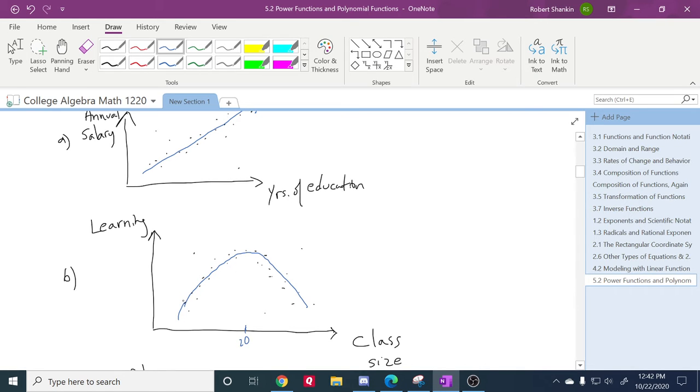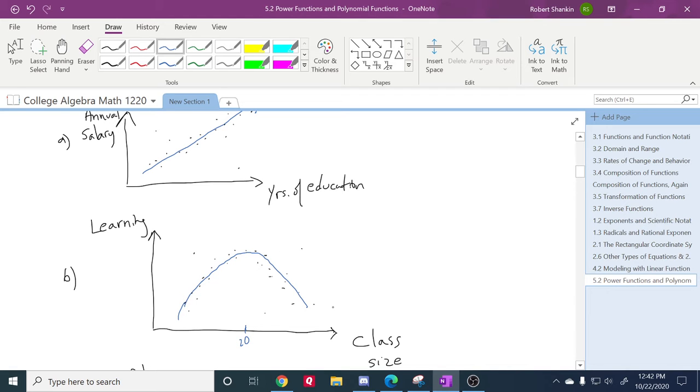If you have too few students, students actually do more poorly. They don't get enough interactions with other students. And if you pack too many students in a class, you get too much chaos and too much time spent trying to just keep everybody on track, and not being able to give individual help when needed, and so on.